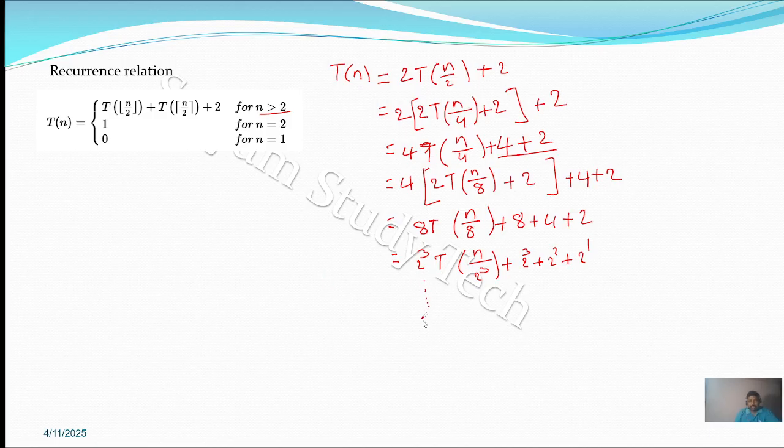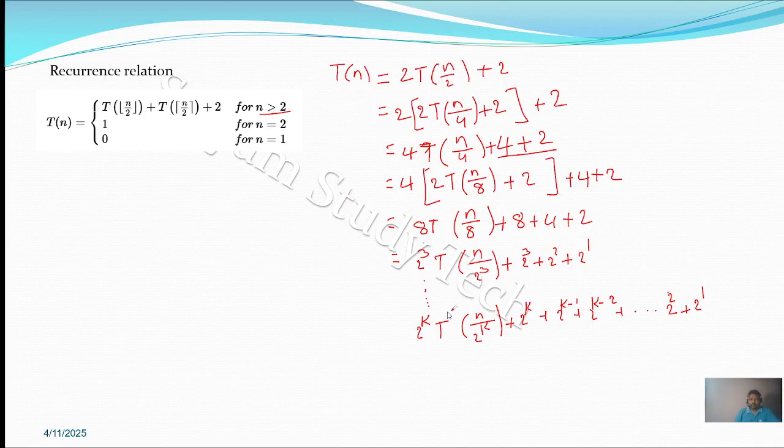So here you can apply it k times, that is 2 power k T(n/2 power k) plus 2 power k plus 2 power k minus 1. For example, if the k value is 3, then 3 minus 1 is 2, like that. Here it is k minus 2, and so on, 2 power 2 plus 2 power 1.